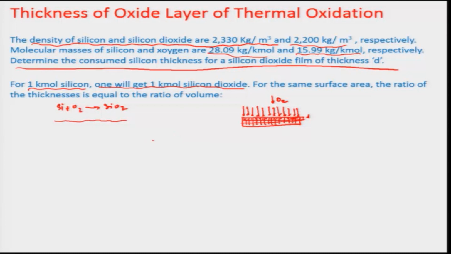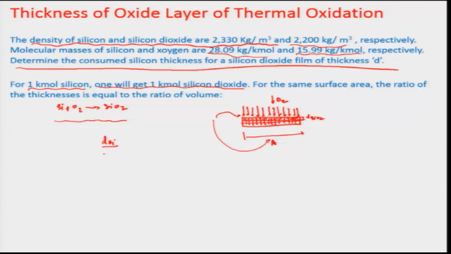So, if we wanted to estimate what is going to be the DSi, we must look at what is the DSiO2, and for the same area, let us say the surface area in this particular case is given by A. The volume of the silicon on the surface vis-a-vis the volume of the silicon dioxide is proportional to the depth that the silicon would have and the silicon dioxide would have.